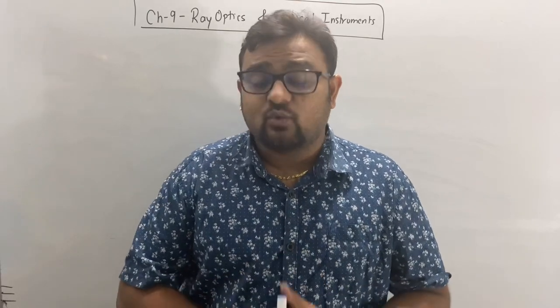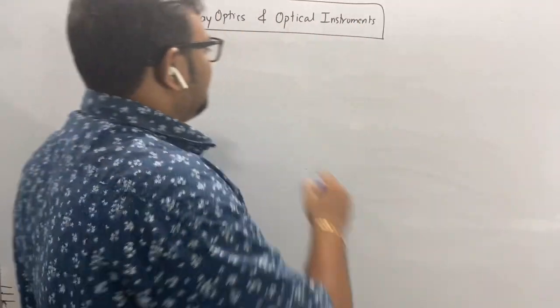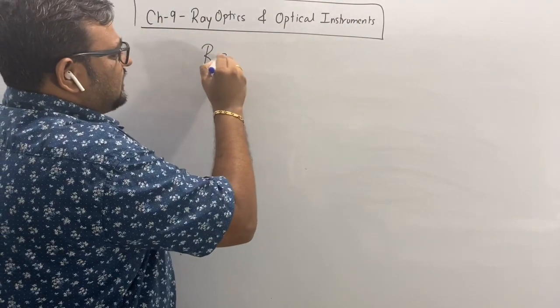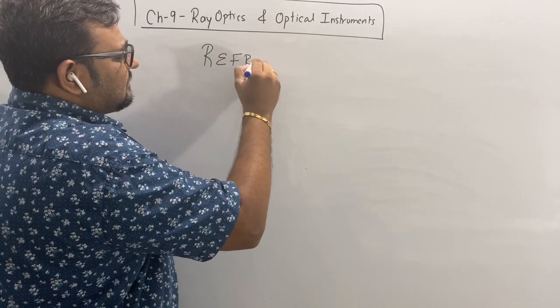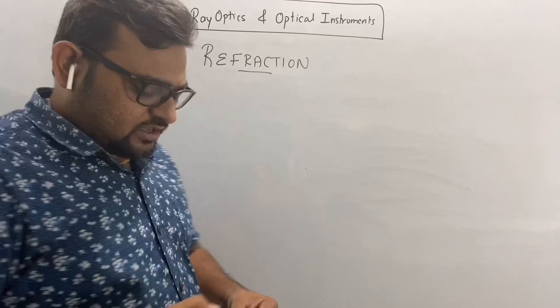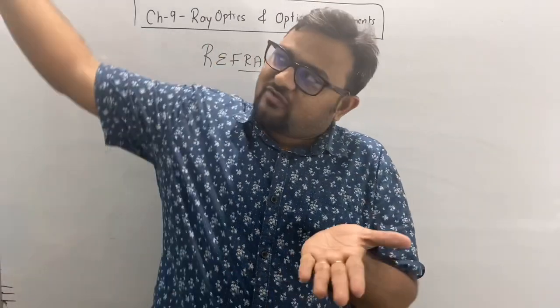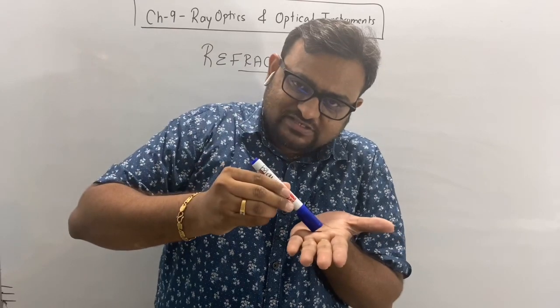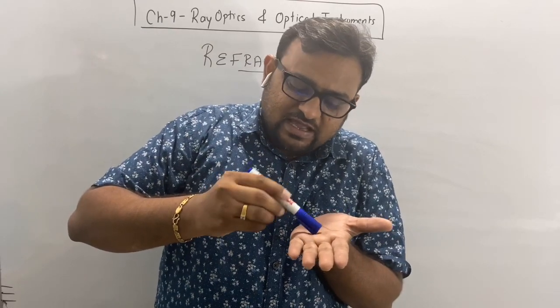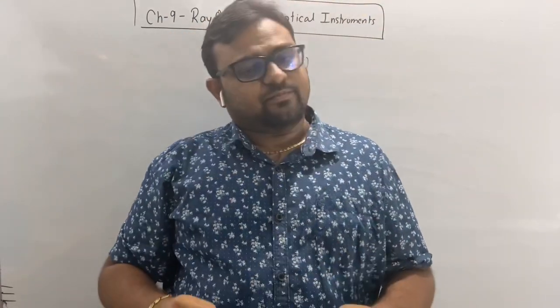Now today we will start with refraction. So let's write down the main topic, refraction. Now see what was happening in reflection. A ray of light was incident on an opaque surface, and it was moving back again in the same medium.